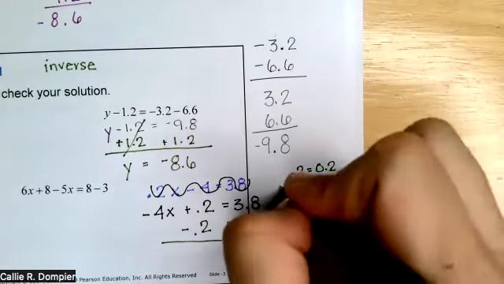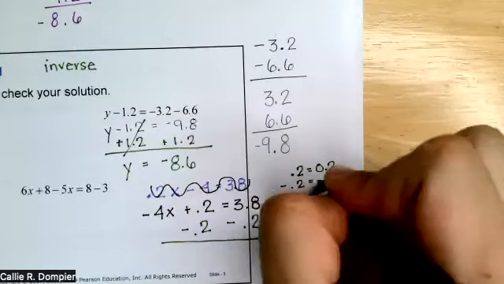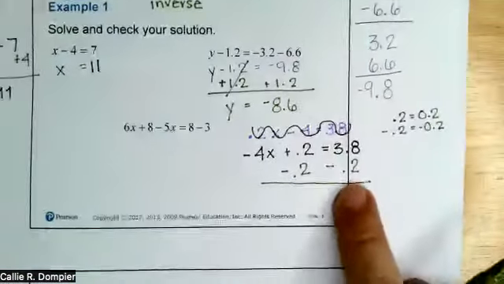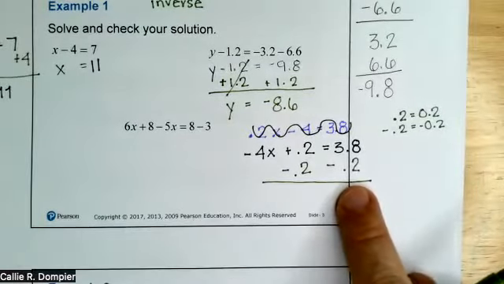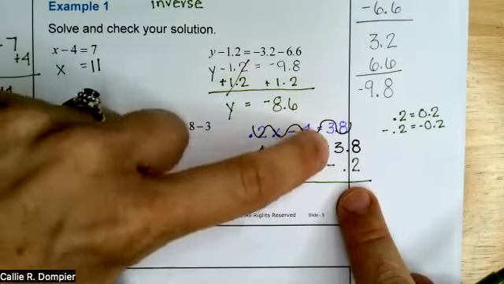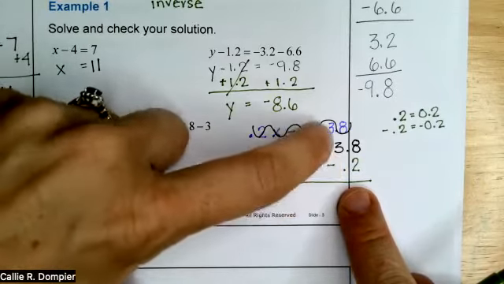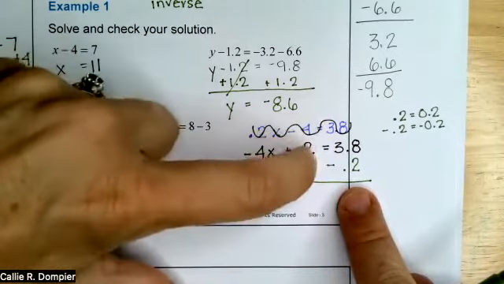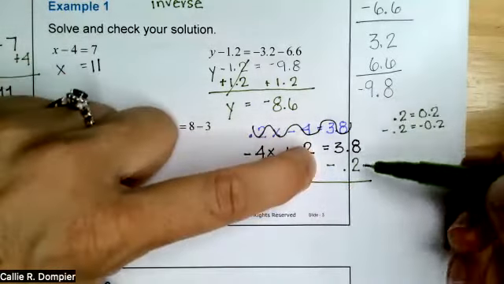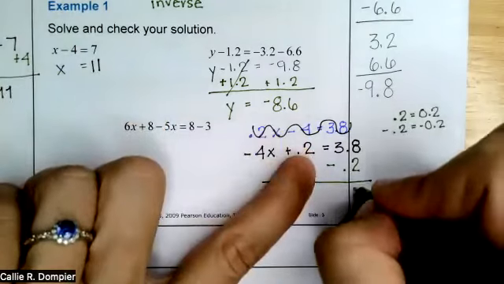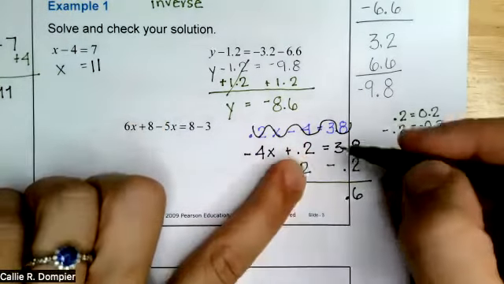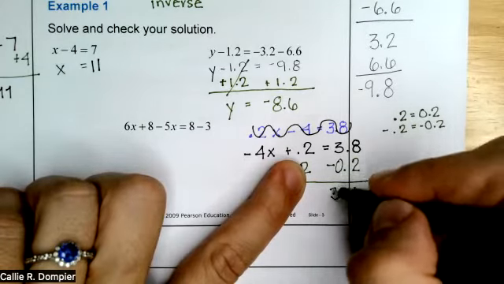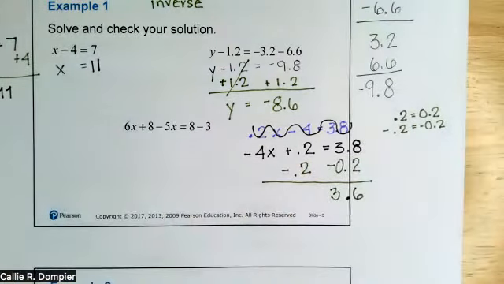Feel free to write a 0 there if you want. The 3.8 is bigger than the 0.2, so it goes on top, and we're subtracting because the signs are different. This is a positive sign, this is a negative sign. So 8 minus 2, 6. 3 minus 0, 3. Okay, it was a positive 3.8, so it's a positive 3.6.